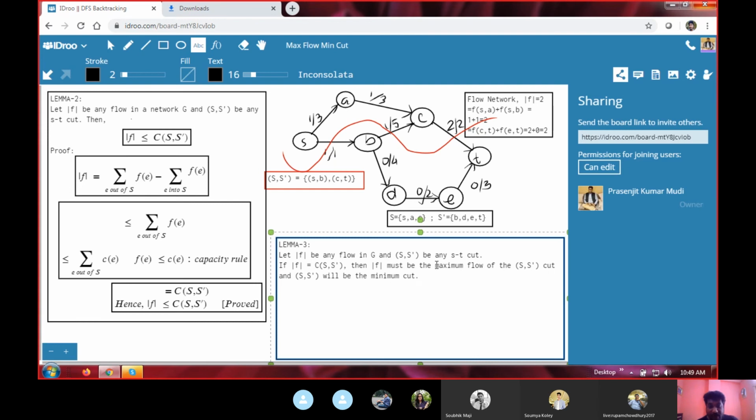So here we have simultaneously a situation where a cut can be both a maximum flow cut and a minimum cut. If I achieve this condition, if we can find a flow which is equal to the capacity of the cut, then we can infer that that cut is a max flow min cut. Together it's max flow min cut.